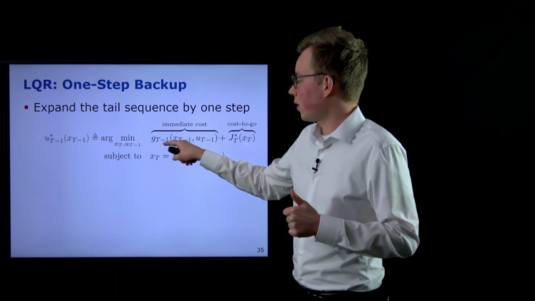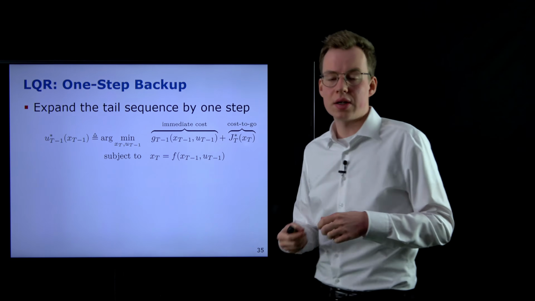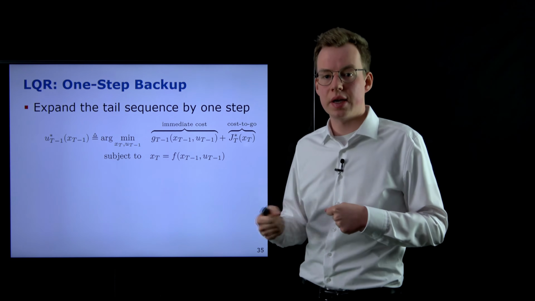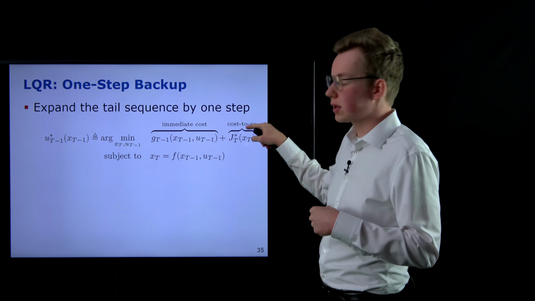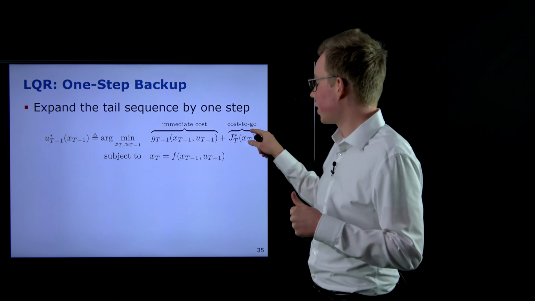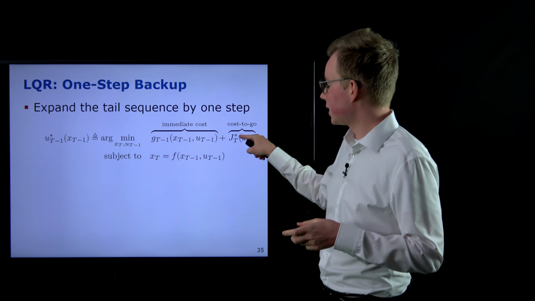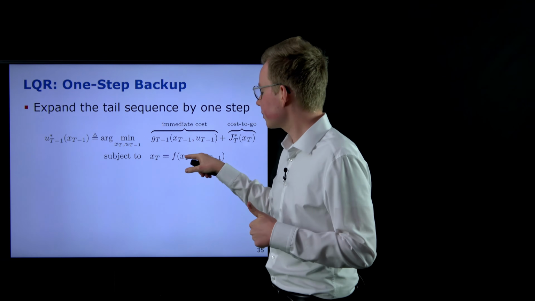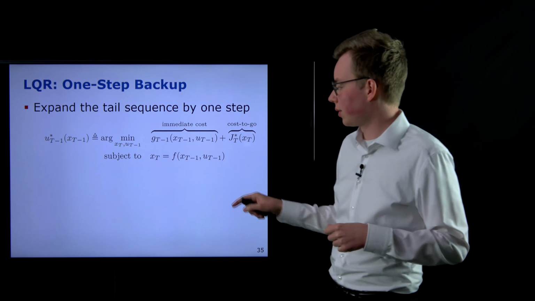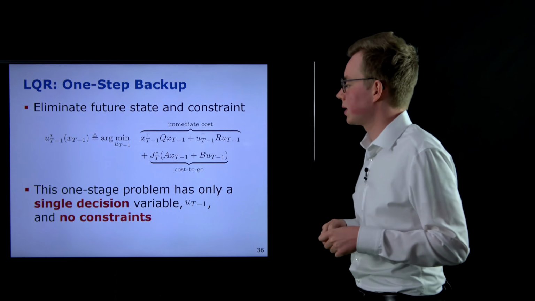What we have to optimize is the immediate cost that we incur for the decision that we make now, plus the optimal cost to go, which is the cost that we incur for whatever state we end up in. This state that we end up in is connected to our initial state via the dynamics, and that's why we have these dynamics constraints.